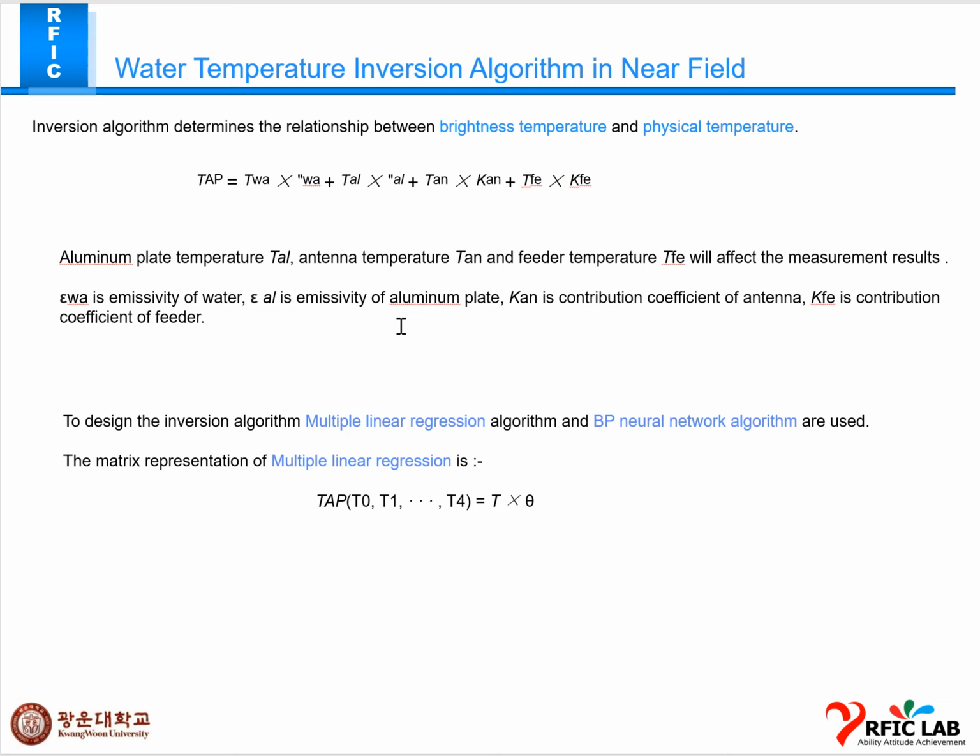Okay, this is the last third section of the software design. In this we studied the water temperature inversion algorithm. The inversion algorithm is used for determination of the relationship between the brightness temperature and the physical temperature.